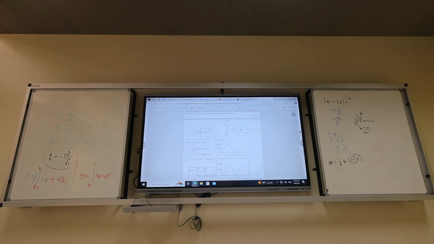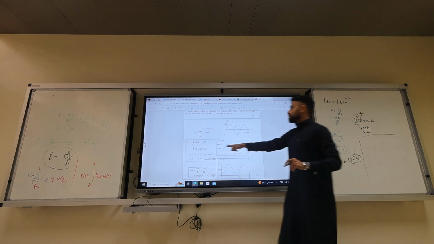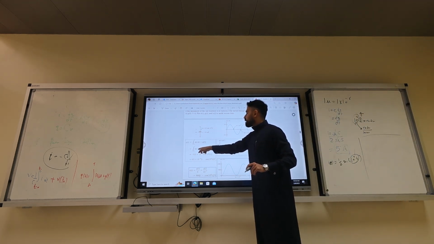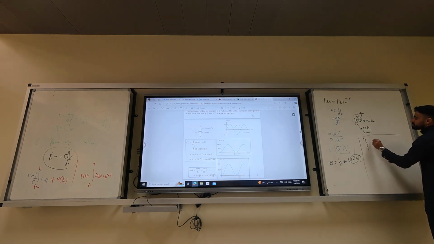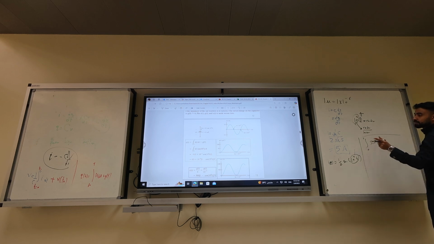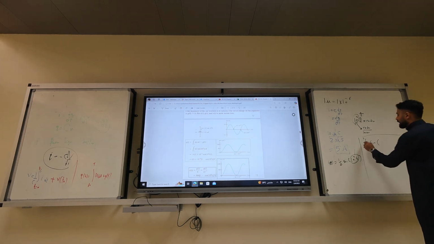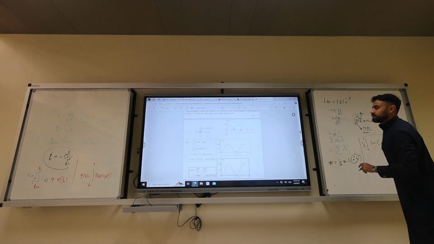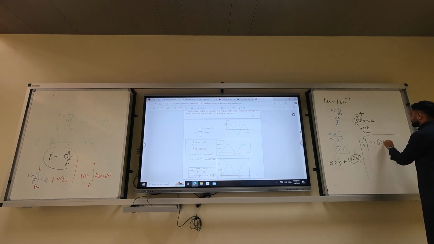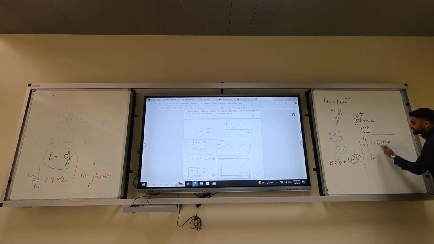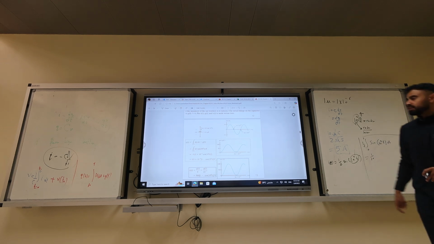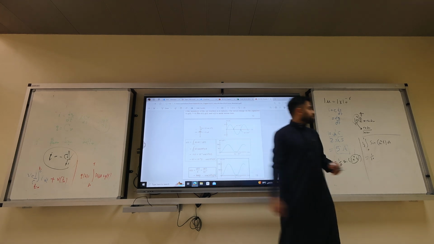If you do the integral, what is the integral of a sine? And then there's a half outside. It's 1 over 2, and then I think you need to divide by 10 to the power 4.